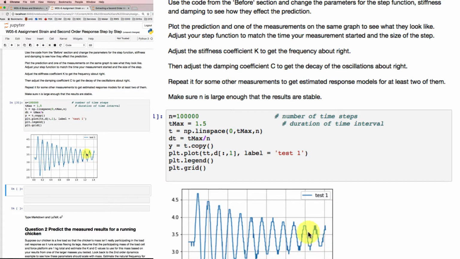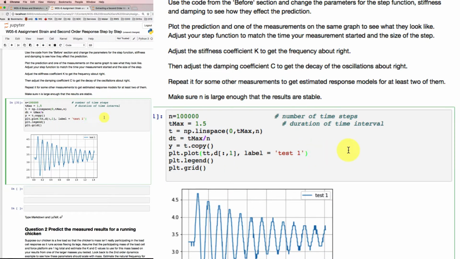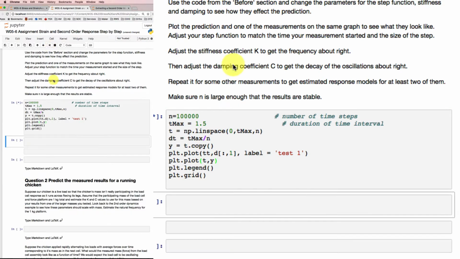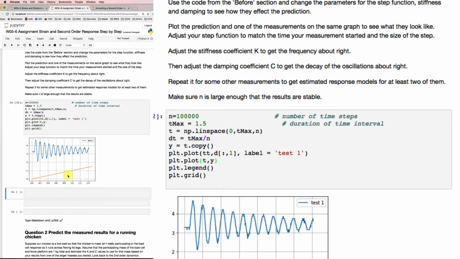So I've still got the same graph, but now I'm also going to plot the values of my input value y against my time base t. Well, that's not very interesting. All I've done is made a copy of y so far.